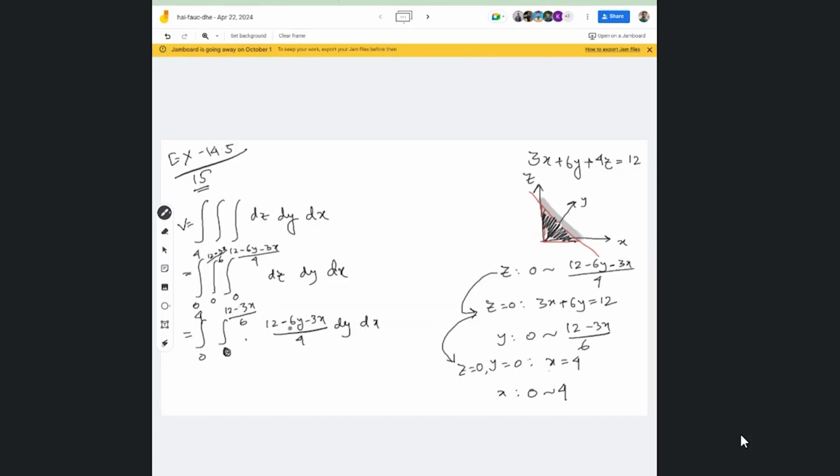So we can simplify this here. If we make a simplification, it should be like this: 12 by 4 is 3, minus 6 by 4 is 3 by 2 y, minus 3 by 4 x.